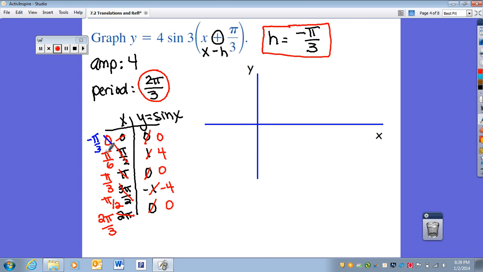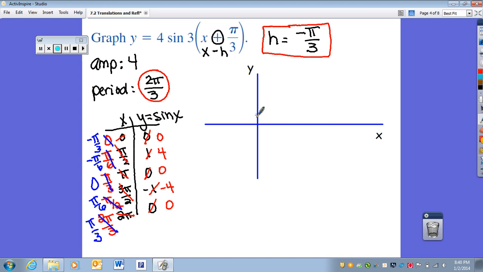Pi over 6 minus pi over 3 is going to give us negative pi over 6. Pi over 3 minus pi over 3 is going to be 0. Pi over 2 minus pi over 3 is going to give us pi over 6. And 2 pi over 3 minus pi over 3 is simply going to be pi over 3.